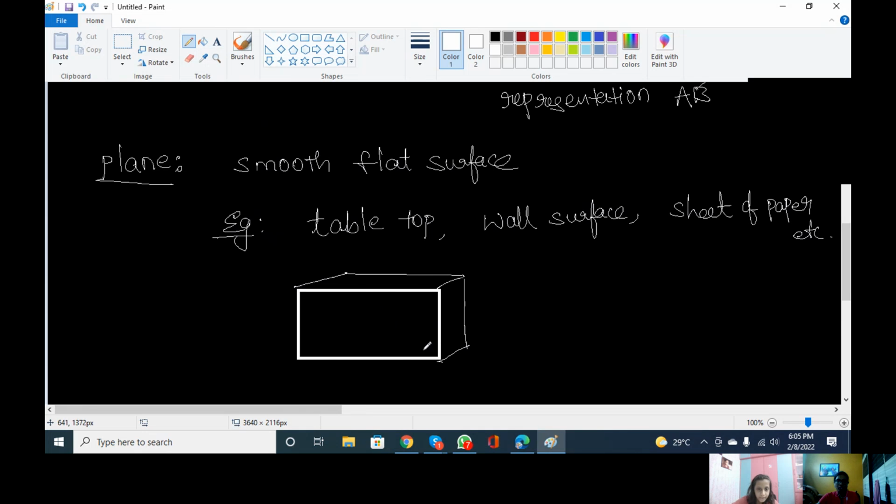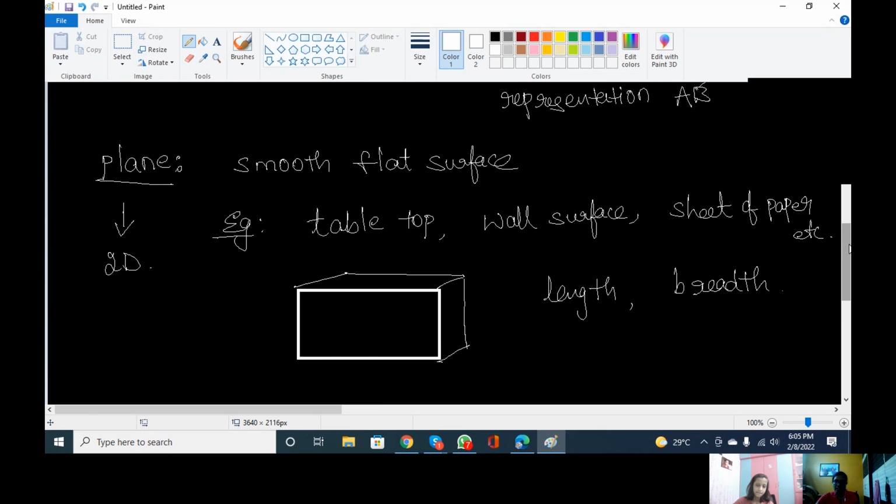Here you can measure the length and also the breadth. Two things you can measure, so this is two-dimensional geometry. A plane is a two-dimensional geometry.